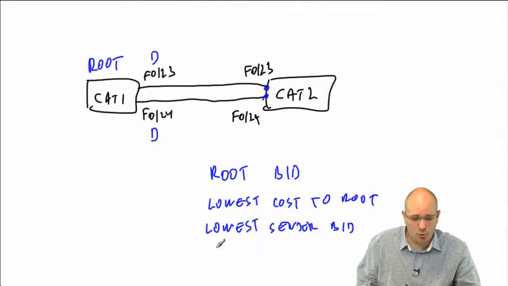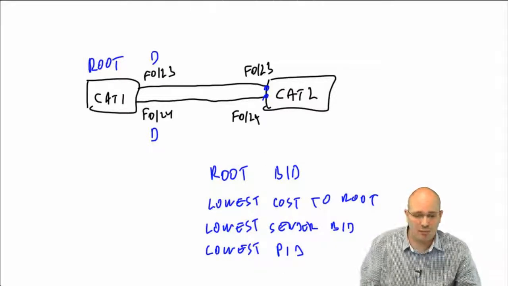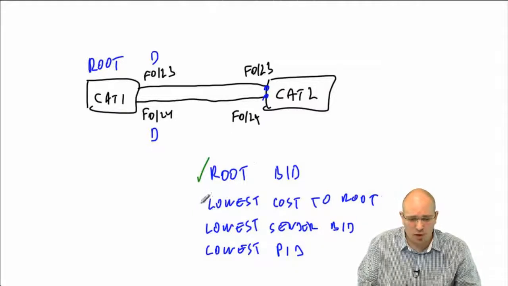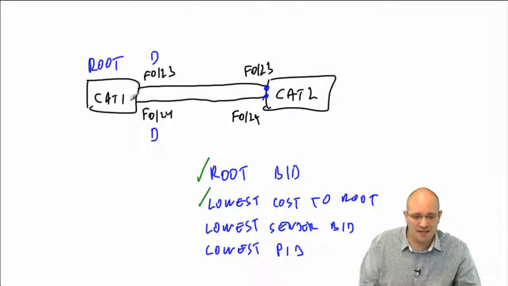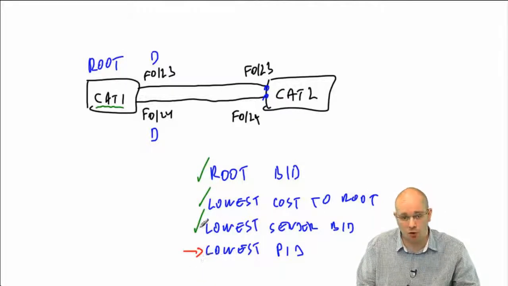And finally, we are going to have the lowest port ID that will be taken into account. In our case, the root bridge ID will be the same. The cost to root, given that these are the default costs, that I haven't changed anything there, is going to be the same. The sender bridge ID in this case will be the same, which is cat1. So finally, we are left with this last tiebreaker, the lowest port ID.